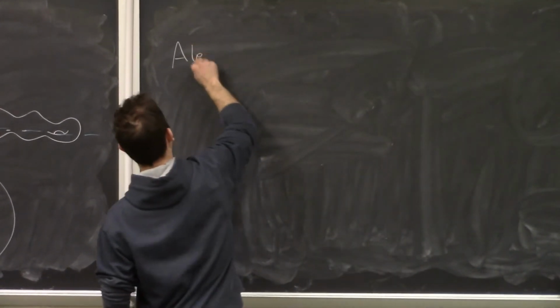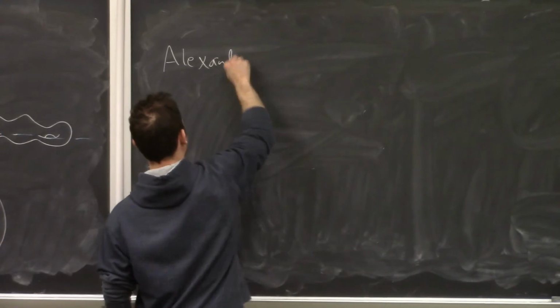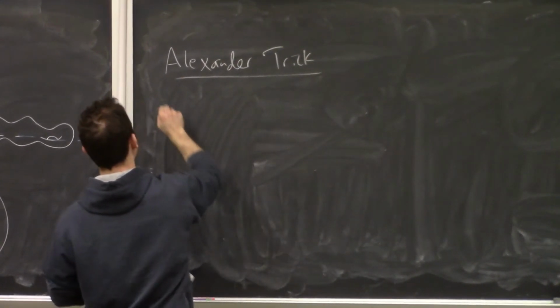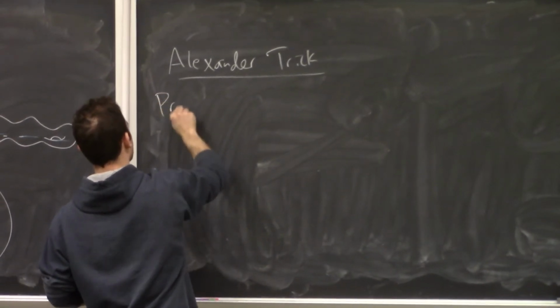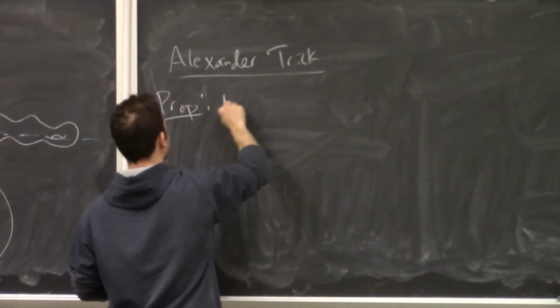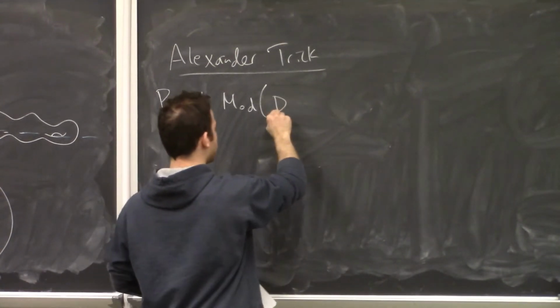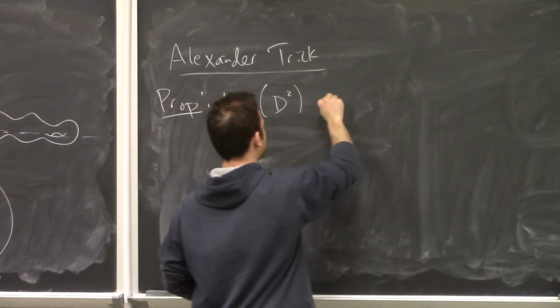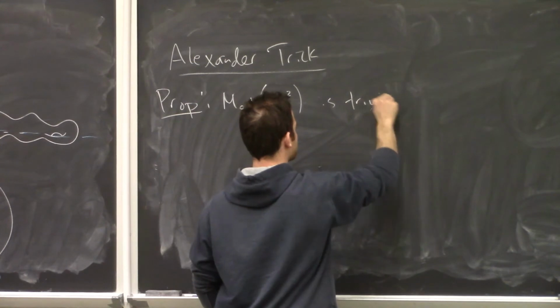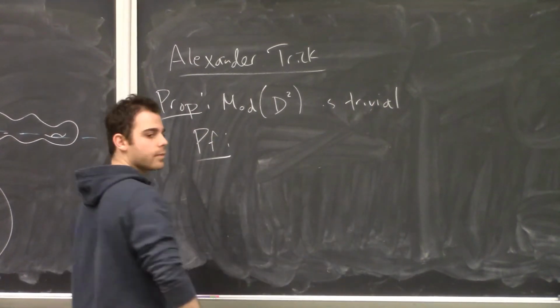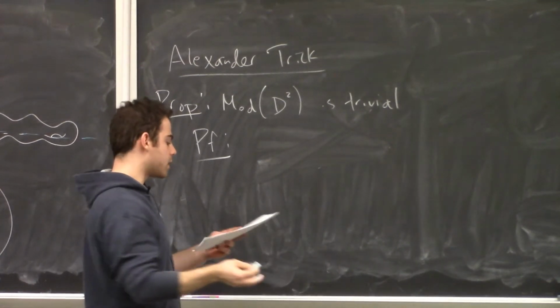Okay, so there's something called the Alexander trick, which is going to tell us a few things. What I'm going to tell you is that the mapping class group of the closed disk, D2, is trivial. Right, okay. So let's prove this. This is actually not that hard.